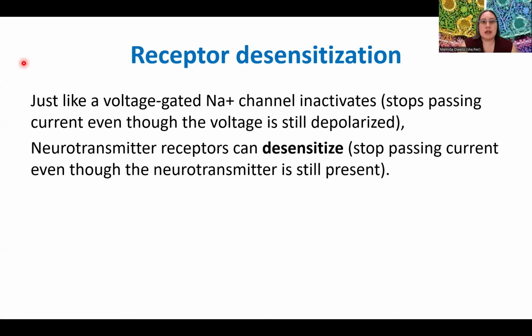If you recall earlier, voltage-gated sodium channels inactivate. In other words, they stop passing current even though the voltage is still depolarized and the channel should still be open. Very similarly, neurotransmitter receptors can desensitize. That means they stop passing current even though the neurotransmitter is still present in the cleft.